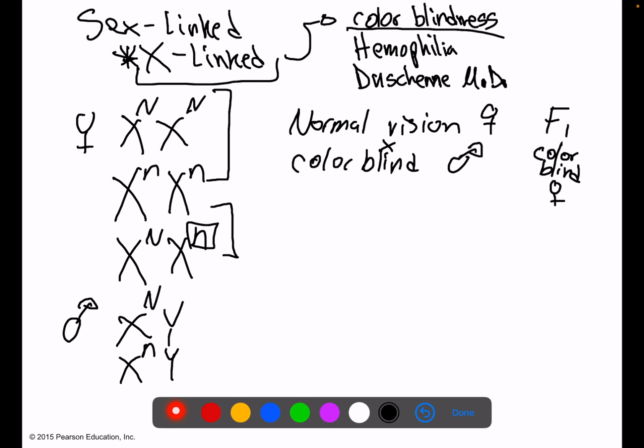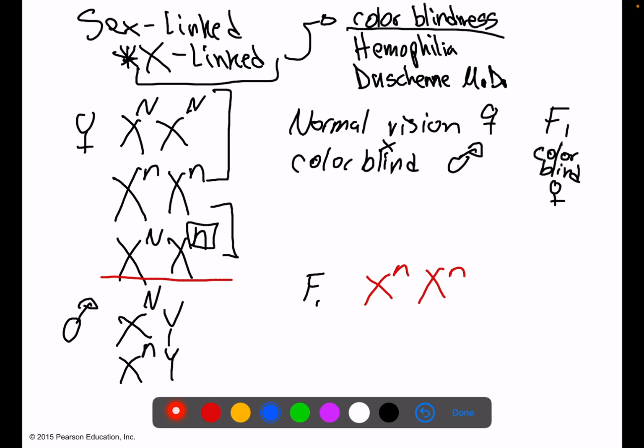All right, so how's that possible? Okay, so if the F1 daughter is colorblind, then what has to be her genotype? I think we would agree that it's this. So she must be X little n, X little n, right?